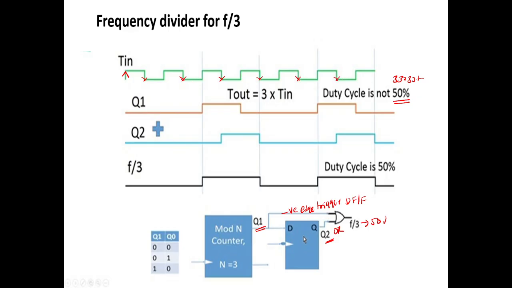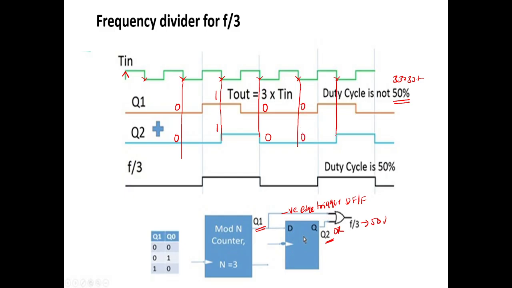During this negative edge, whatever Q1 is, you get as the output. Q1 is 0, you get 0. During the next negative edge, Q1 is 1, so you get 1. Again, Q1 is 0, it goes to 0.